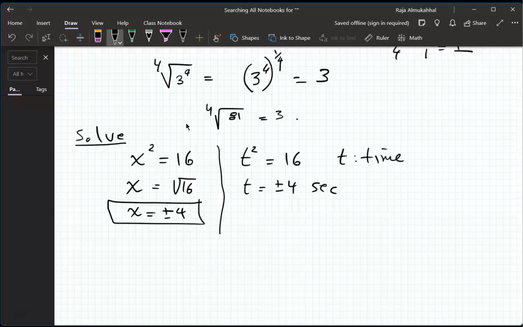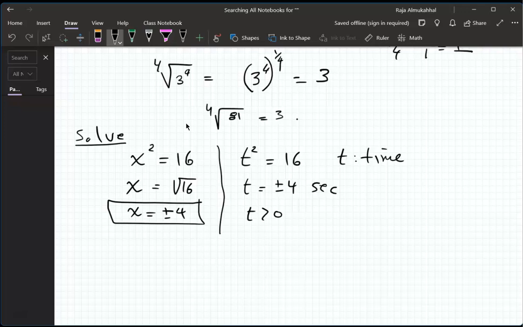Well, are we saying that there is a time called -4? That doesn't make sense, right? There is no such thing as negative time. So therefore, we cannot really use both of those numbers, -4 and +4. You have to pick the one that makes sense. So for example, time is always positive.